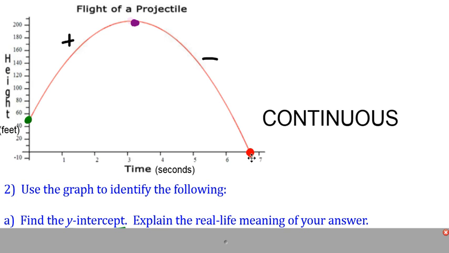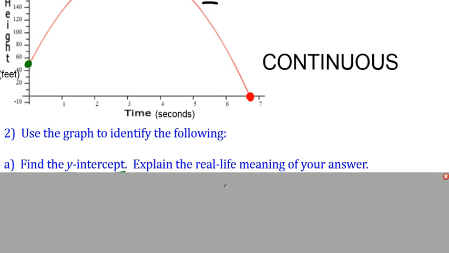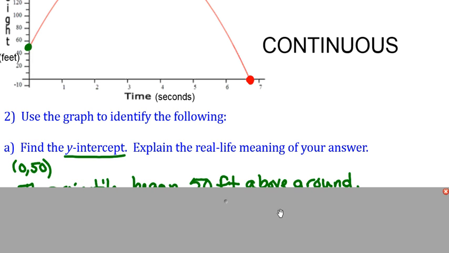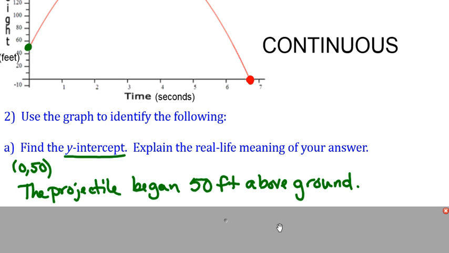So let's get more specific. We said find the y-intercept. So that is here, and it's a grid point, and that is at 0, 50. So what is the meaning? At 0 seconds, it's 50 feet above the ground. So the projectile began 50 feet above the ground. It was launched 50 feet above the ground. The x-intercept we can see here.